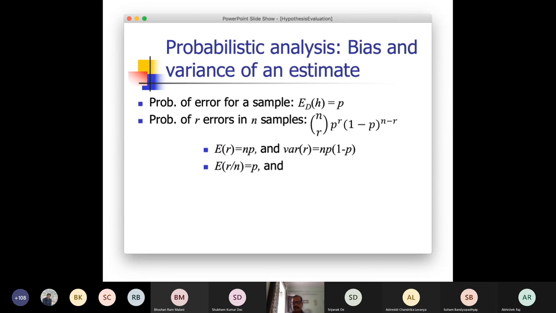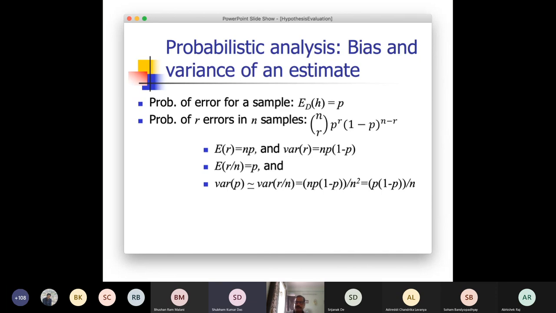So the expectation of r by n itself, that is the estimate. The estimate is r by n. Now we find that it is also the true value p, which is used as the parameter. So your expectation of your estimate is also the true value here, which means there is no bias. If it is not, then there is a bias. That means the true value of your parameter is something, and the expectation of your estimate is something else, and the difference will be the bias.